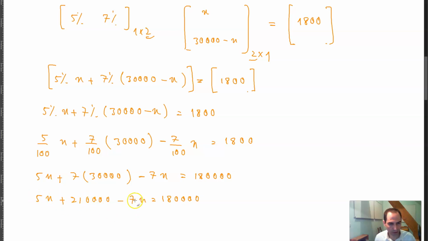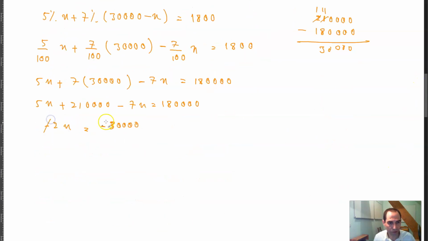Then 5x minus 7x is negative 2x, and taking the 210,000 to the other side, negative 2x is equal to 180,000 minus 210,000, which is negative 30,000. And the negatives cancel out.